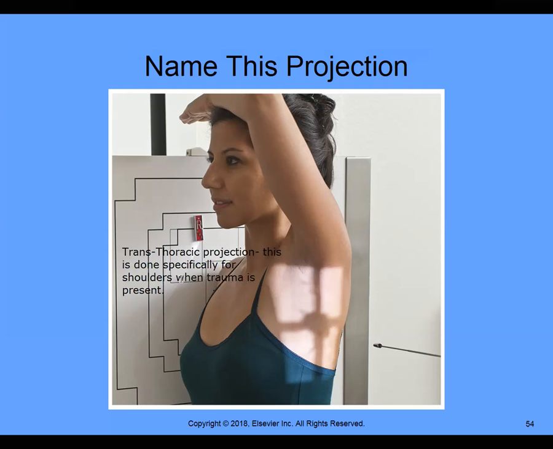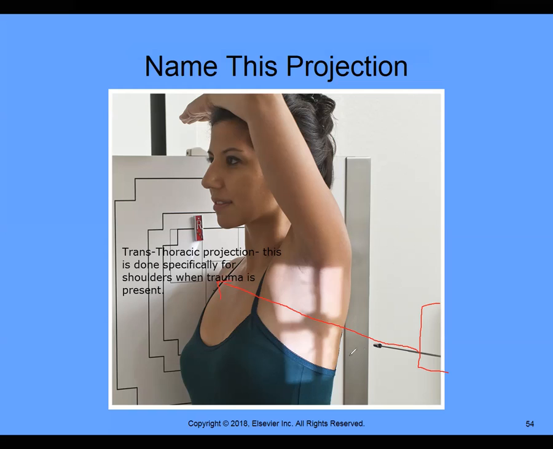And it's referred to as transthoracic because, as you can see, here's the X-ray tube over here. We're shooting the X-ray perpendicular. It's going towards the body, and it has to pass through the thoracic cavity in order to get to the shoulder over here.